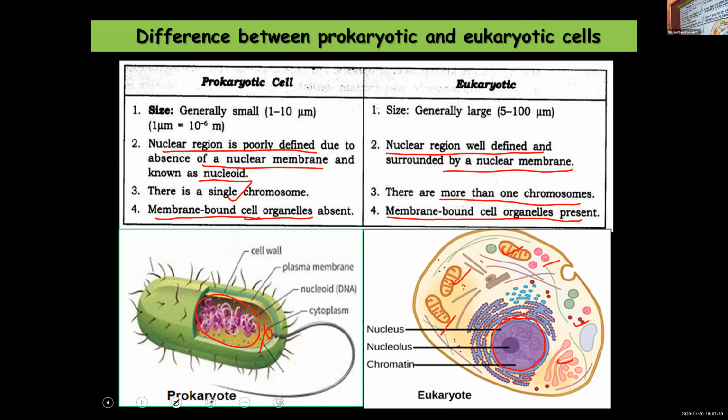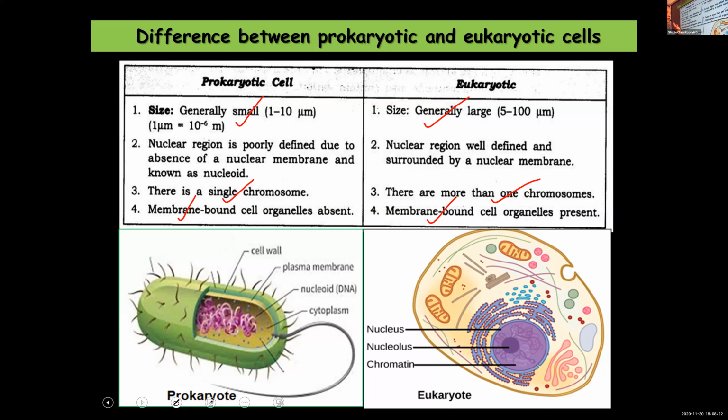Starting with the first point again, size is small in prokaryotic cells and eukaryotic cells are large in size. Then we will see the third and fourth point and then come back to the second point. Only a single chromosome here, more than one chromosome there. Eukaryotic cells have many chromosomes, whereas only one is present in a prokaryotic cell. Membrane bound organelles are absent in prokaryotic cells, present in eukaryotic cells.